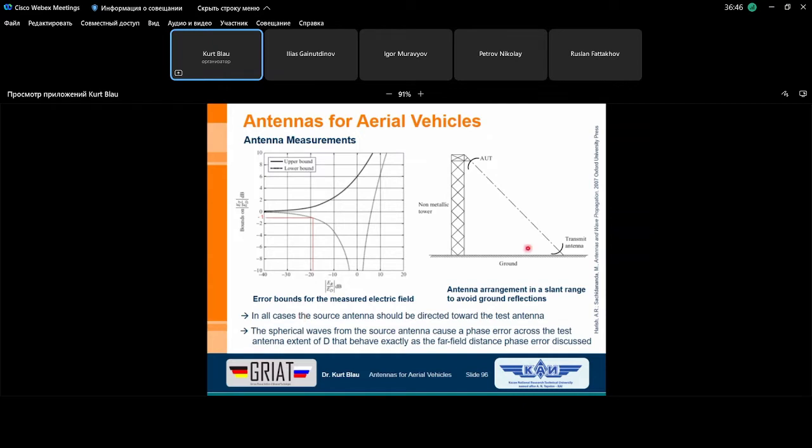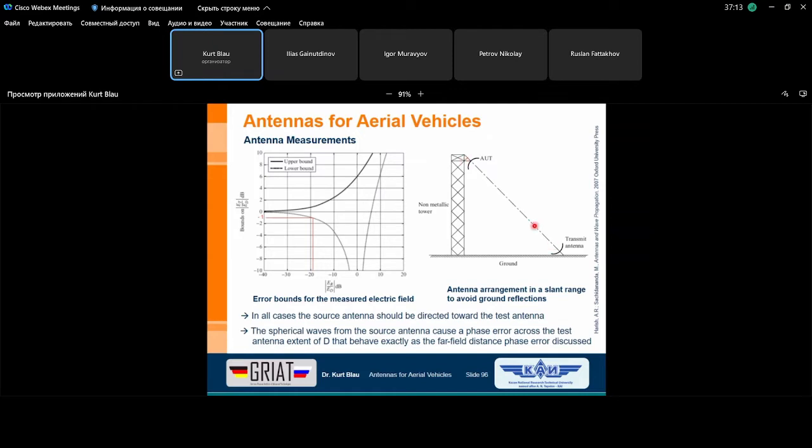To avoid ground reflections, you can also choose this measurement setup. The antenna under test is on top of the tower, again non-metallic material, timber or whatever, plastic, and here on the ground you have the transmit or illumination antenna. And so you can avoid any ground reflections.